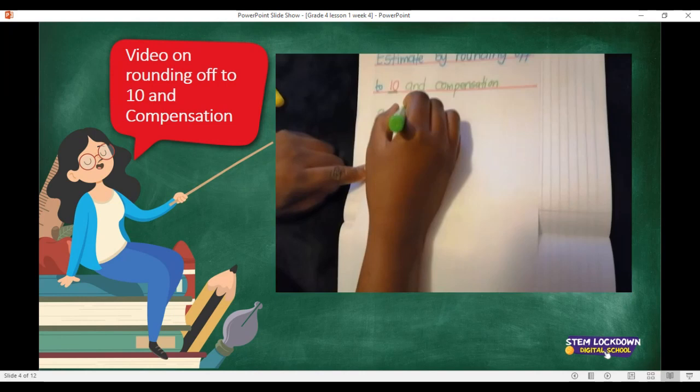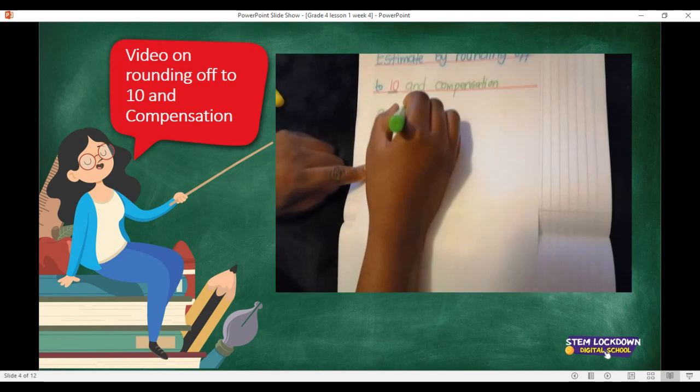So 22 became 20, and then we lost 2 when we moved from 22 to 20. So this means that we have to add 2 on the estimated answer. So then we take the estimated answer, which is 37, and we say 37 plus 2 equals 39.